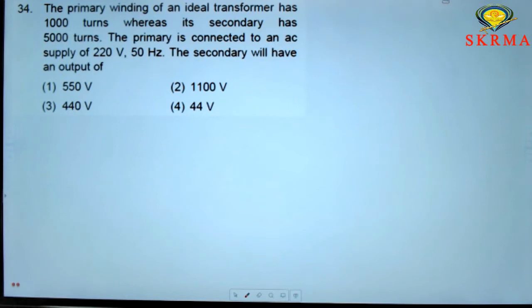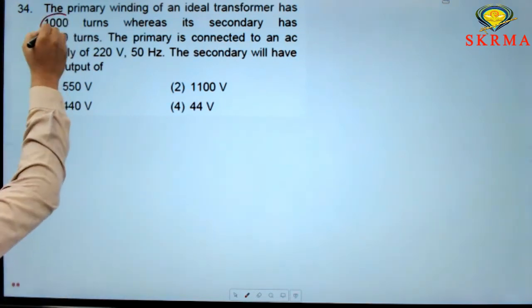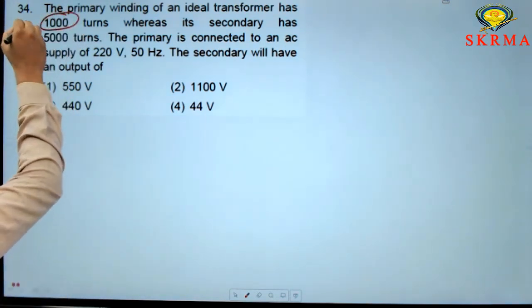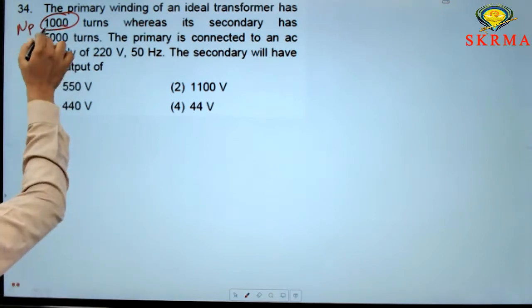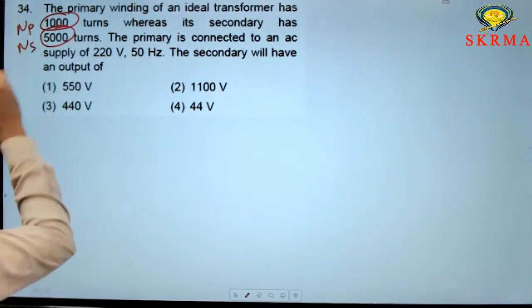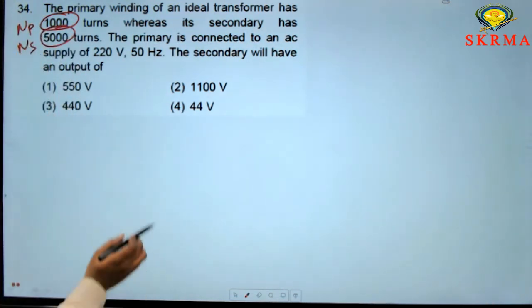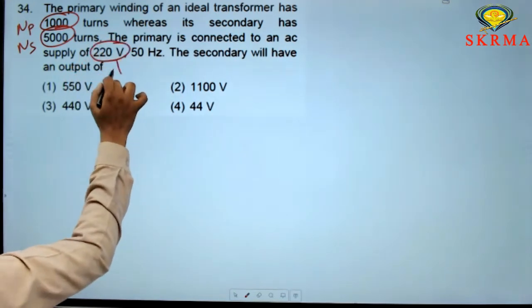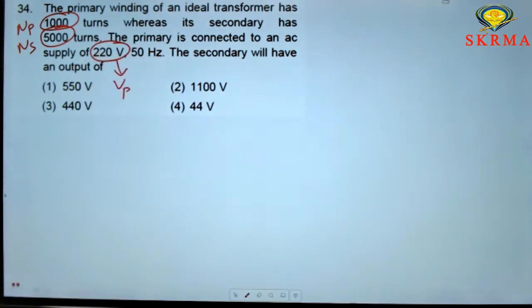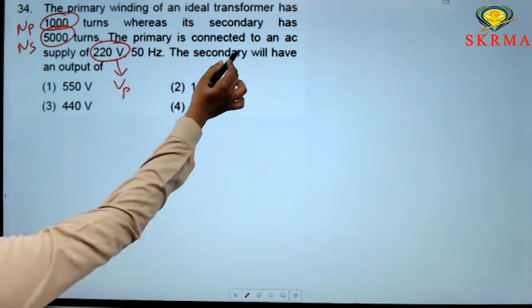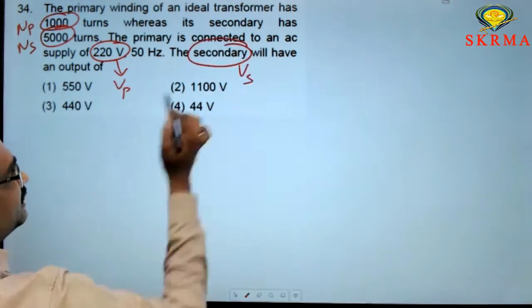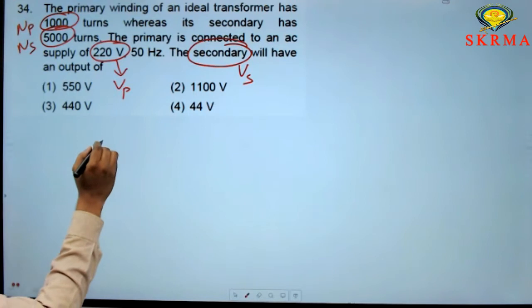Next. The primary winding of an ideal transformer has 1000 turns. So this is the number of turns in primary. And secondary 5000. Number of turns in secondary is 5000. Now primary voltage is given as 220, this is V primary. So he is asking about the secondary voltage, V secondary. What is the relation between these two?